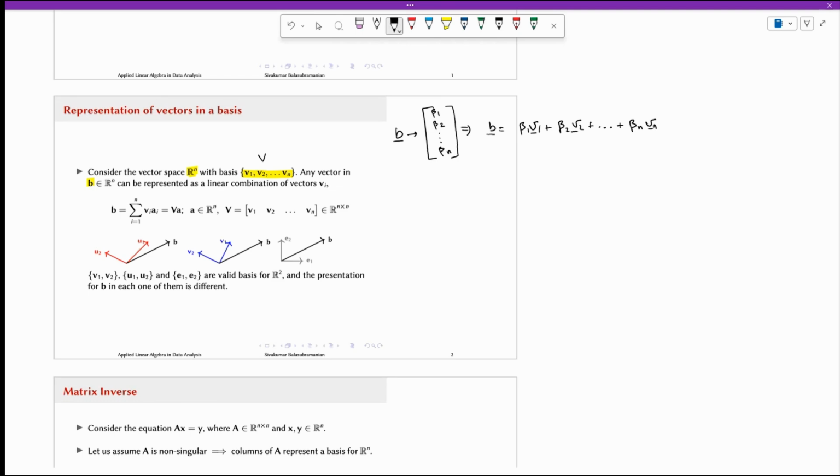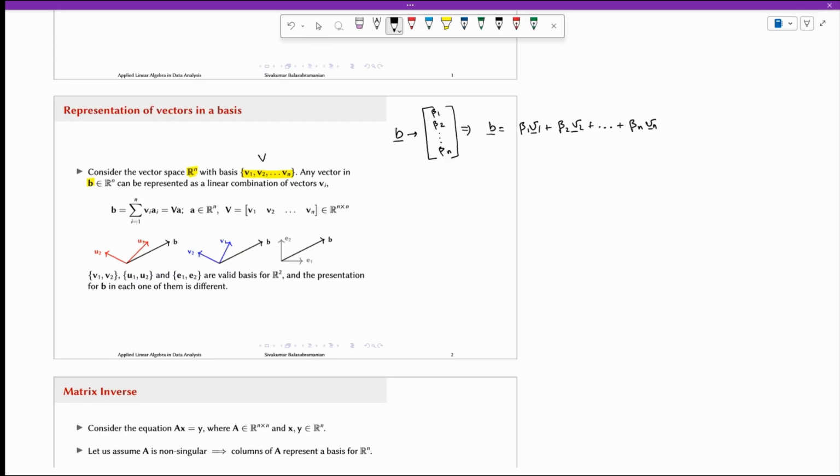Each of the numbers tells me how much I scale the individual basis vectors and then add them so that I get this vector b. So b can be represented as the linear combination of the basis vectors v, and the exact mixture is given by the betas, which is the representation of the vector in that basis.